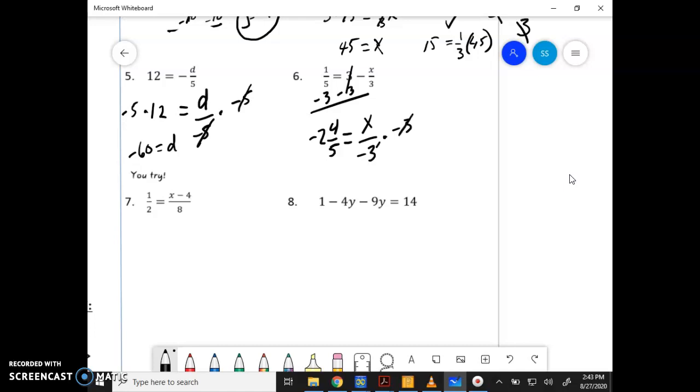I said 1/3, I meant negative 3. You want to multiply by whatever's in the denominator. So multiply by negative 3, and it'll cancel out. If you do it to one side, you got to do it to the other side. If I multiply by negative 3, I get 8.4. So x is equal to 8.4.